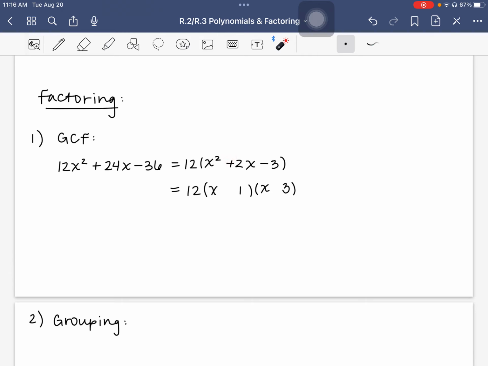So we know that we need to get a negative when multiplying, so we need to have at least one negative. So I'm just going to guess that we're going to have a -1 here and a +3 here. And we can check this because we know that +3 minus 1 is equal to +2. So we know that this is, in fact, our answer, and that's this polynomial fully factored.